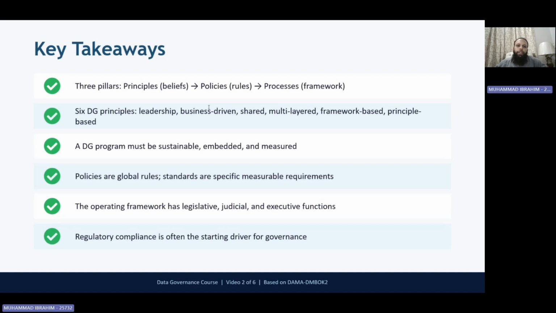Number four, policies are global rules that codify principles into action. Standards are specific measurable requirements. Both should be mandatory. Number five, the operating framework has three functional views: legislative, judicial, and executive. The work is carried out by the steering committee, the council, the governance office, and the stewardship teams. Number six, regulatory compliance is often the initial driver for governance. Use it to build the business case.